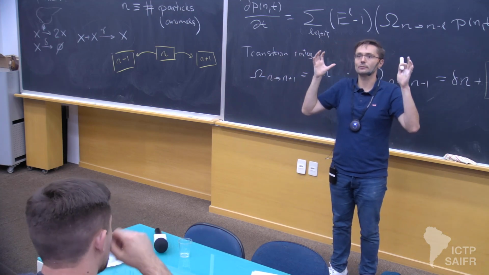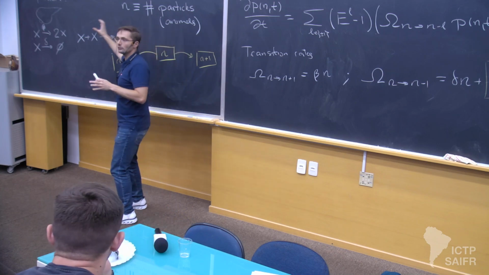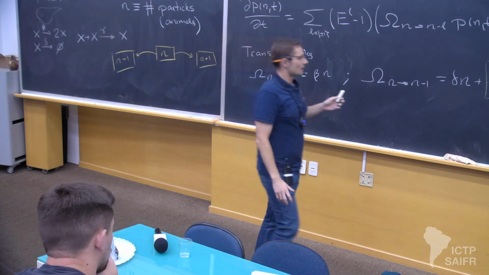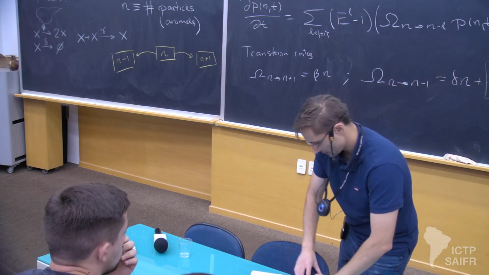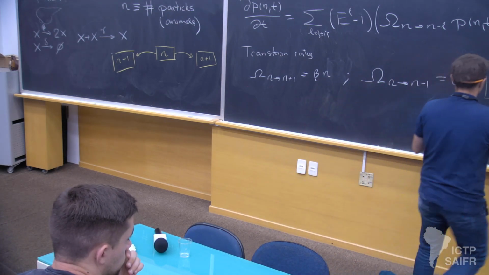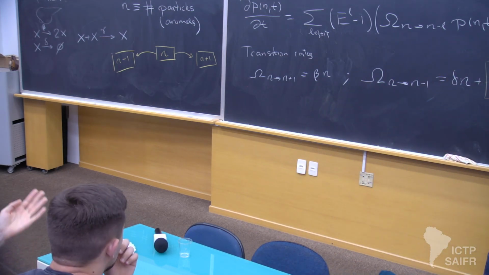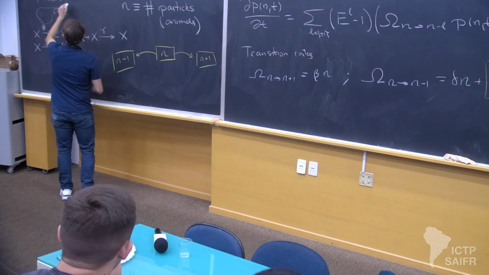Do you agree with me? So this encounter rate is actually volume dependent. Let me use the same letter, L square. I'm assuming that this is 2D and L square is the size of my system.